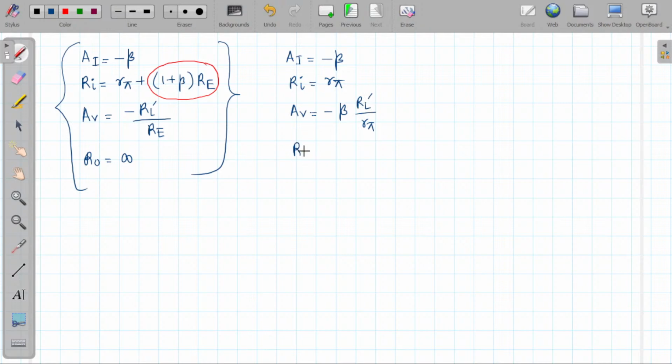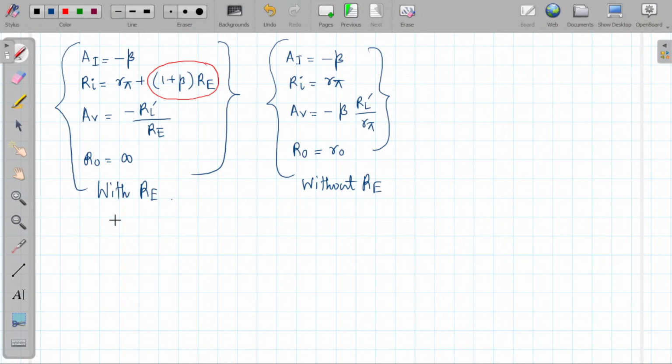And what was R0? R0 was small r0 like this. So this one is for without emitter resistance, and this is for with emitter resistance. Now you can see the difference between the circuit with emitter resistance and the circuit without emitter resistance.